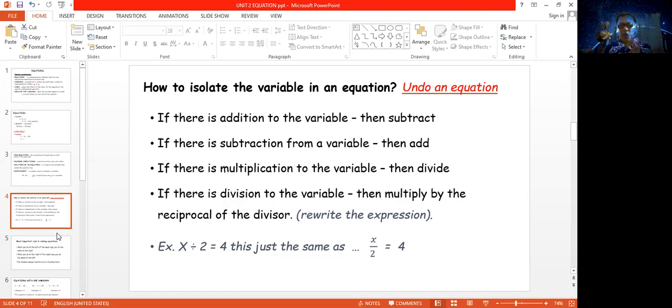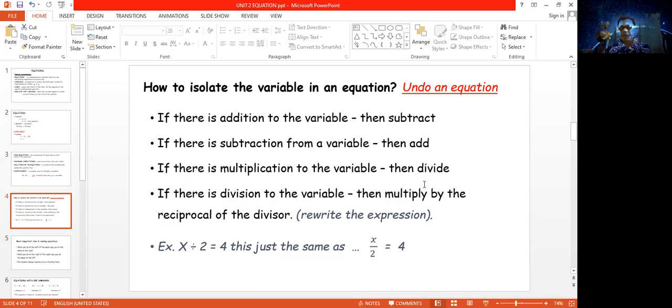If the variable has an addition, we subtract. If we have subtraction from a variable, we add. If we have multiplication to the variable, we divide. It's always the opposite. If there is a division to the variable, we multiply by the reciprocal of the divisor. Before that, you have to rewrite the expression as well.